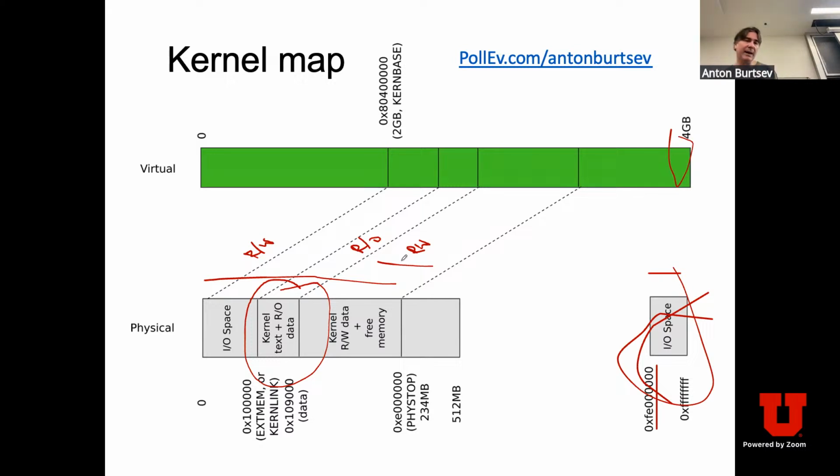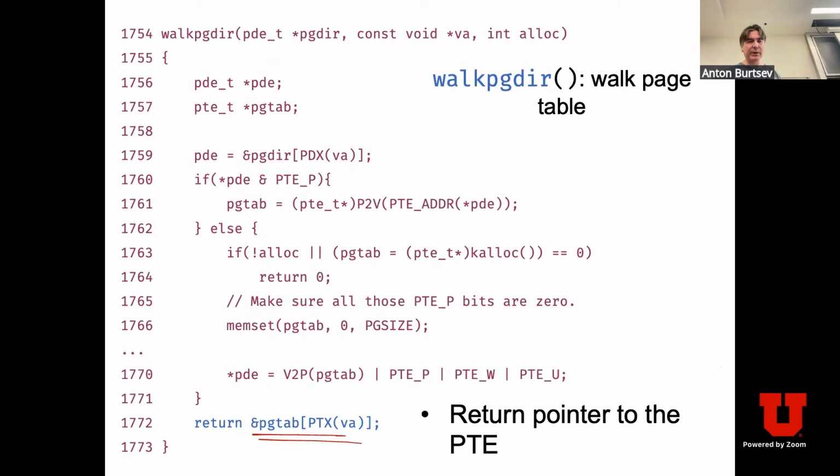Okay, so we did this page directory entry. Essentially, what we're doing here, we return it from the walk page table, right? So essentially, the moment we got this element of the array, our job is very, very easy.